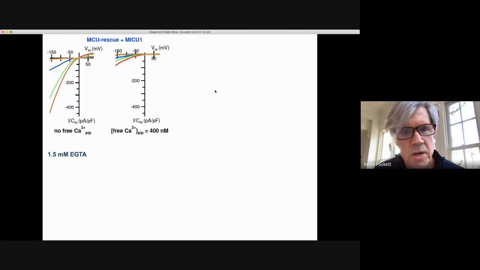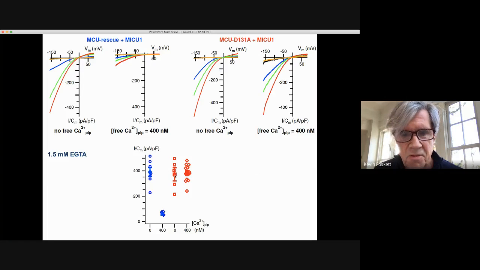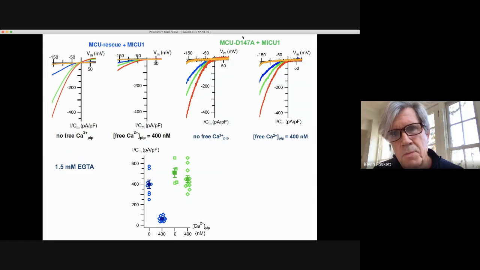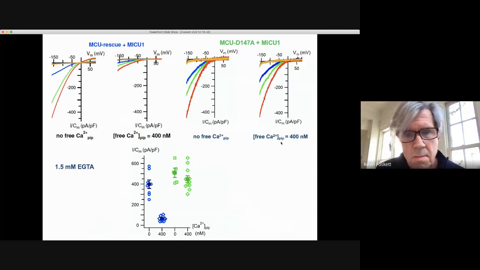You can see that we can recapitulate in these studies the inhibition by 400 nanomolar calcium, but if we mutate one of the key residues in MCU, express a mutant MCU, that inhibition by matrix calcium is abolished. And that's just shown here. Similarly, if we mutate the 147 site, inhibition by matrix calcium is abolished. So this suggests that this site plays a role in the matrix calcium regulation that we're observing.